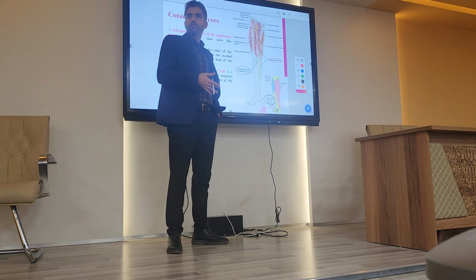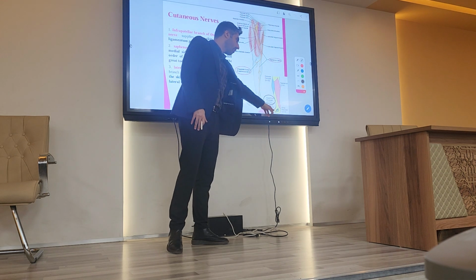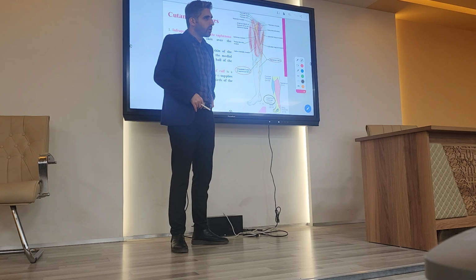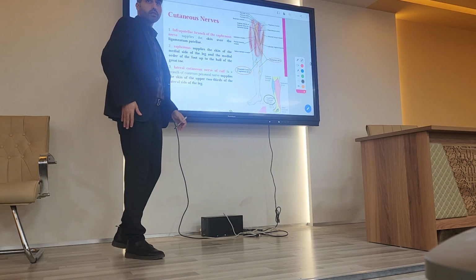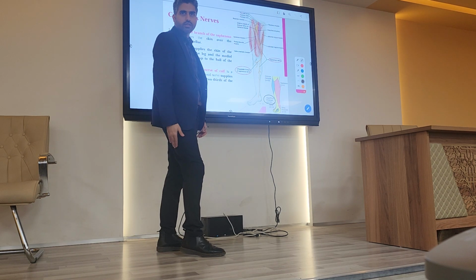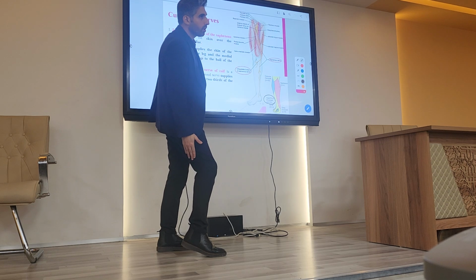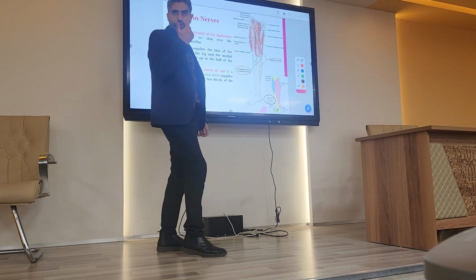Superficial fibular nerve, deep fibular nerve, how do they come here, how does the deep fibular nerve come here between the cleft? Common fibular nerve. So, you know that. Sciatic nerve is for the posterior side of the thigh, the largest nerve in the body. Superior or proximal to the popliteal fossa, sciatic nerve divides into two nerves.